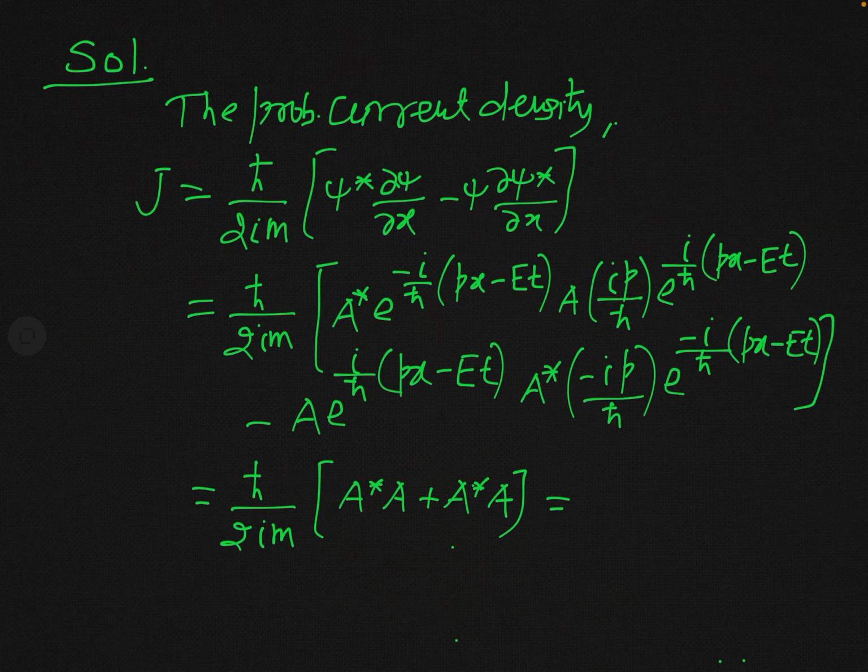And so we can write this expression as h cross over 2im times 2 into mod of A squared, times also there will be ip over h cross.